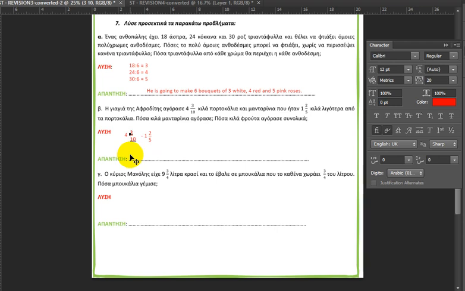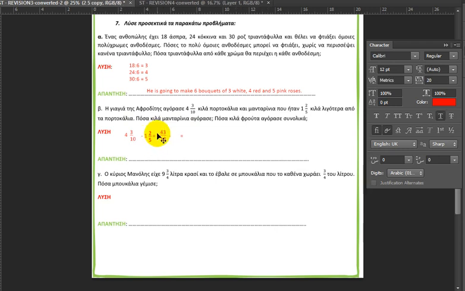So this will be equal to 43 tenths minus the other fraction, which would become 5 times 1 makes 5 plus 2 up here makes 7.